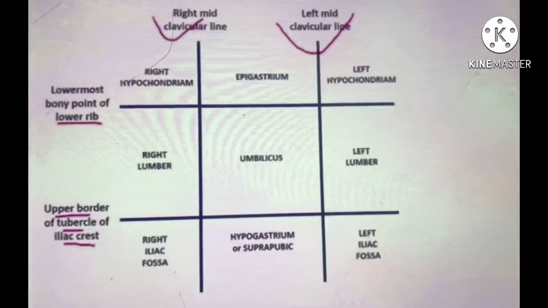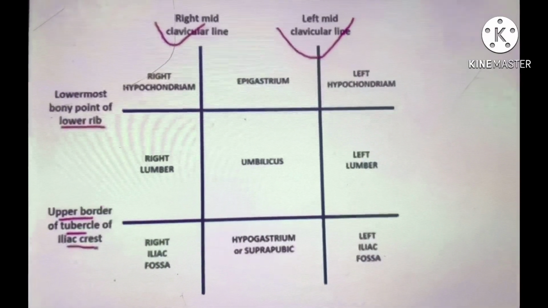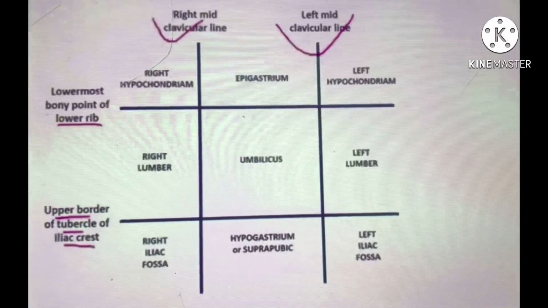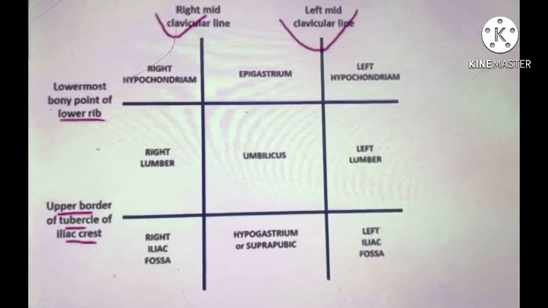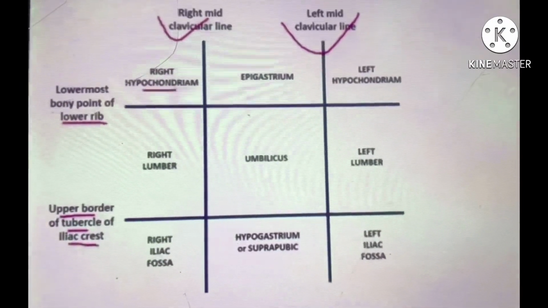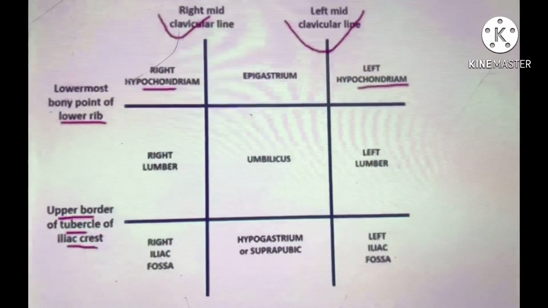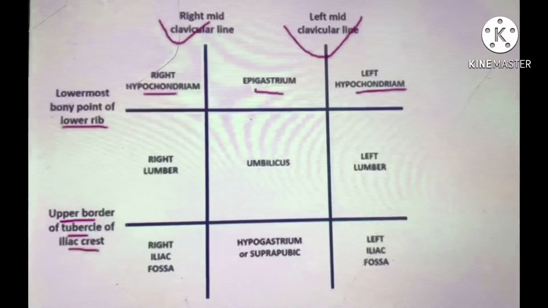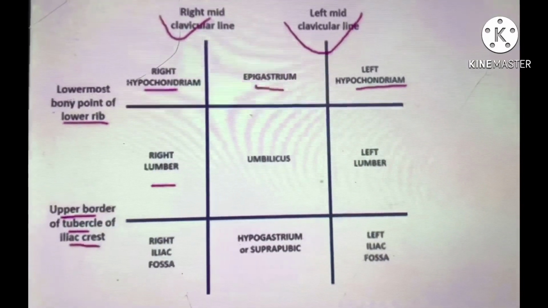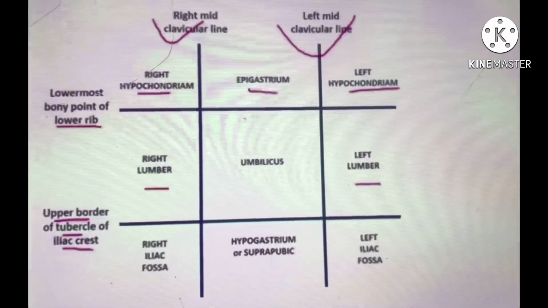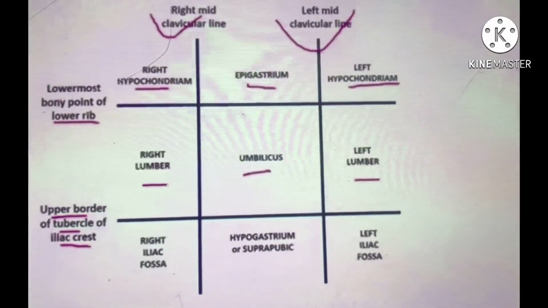It is the right hypochondrium and the left hypochondrium. In between these 2 hypochondrium is the epigastrium. Similarly, here is the right lumbar and the left lumbar. In between these 2 is the umbilicus.